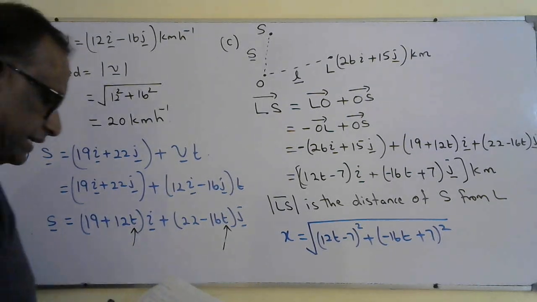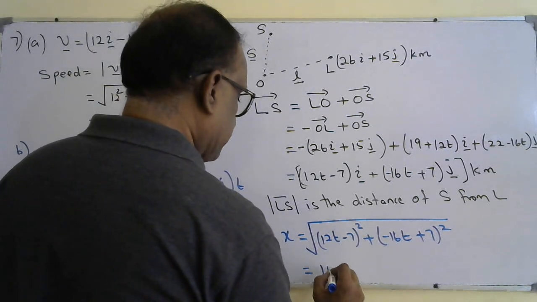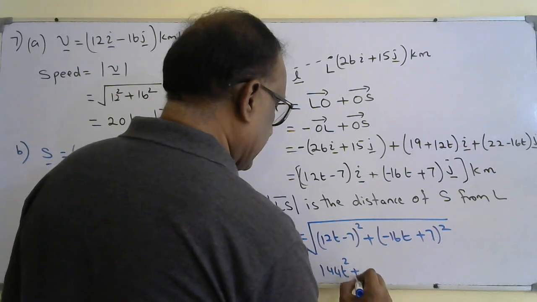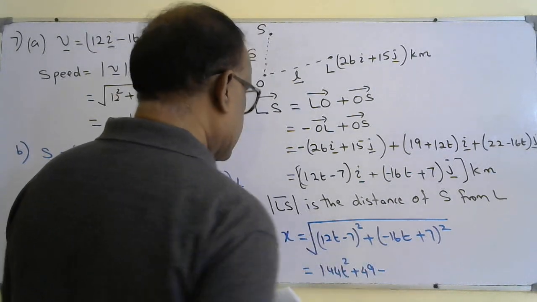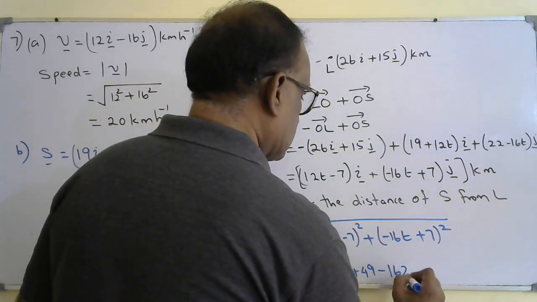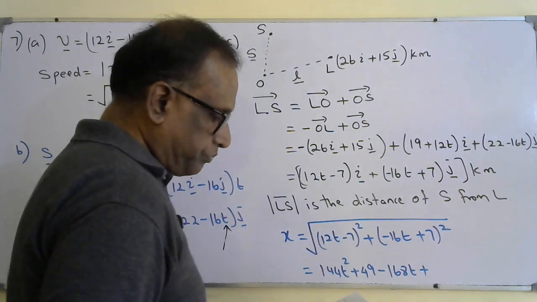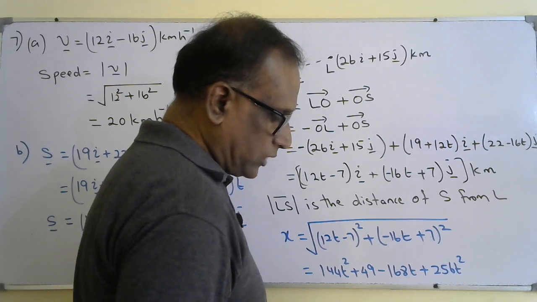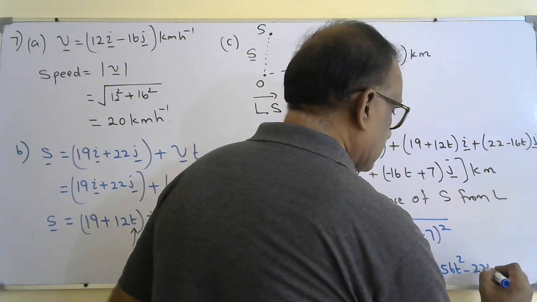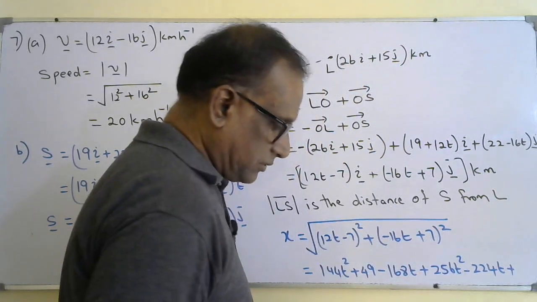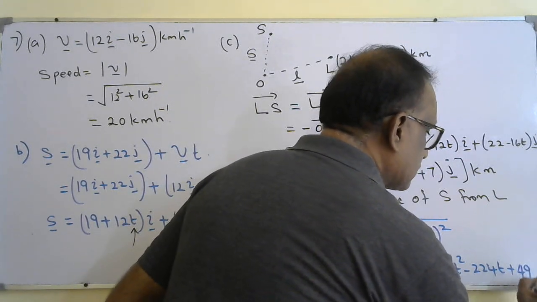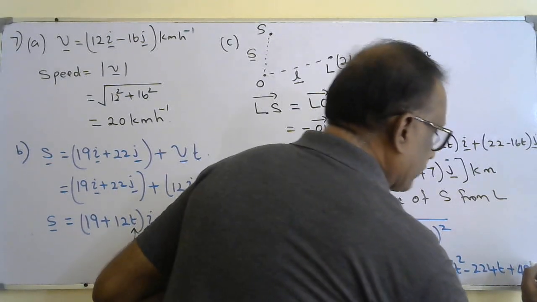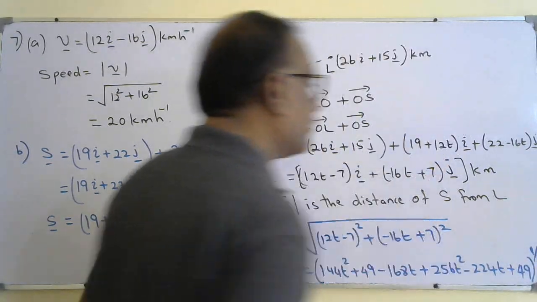If you expand and rearrange, you will get 144 t squared plus 49 minus 168 t plus 256 t squared minus 224 t plus 49, all in square root, or I can put it to the power half.